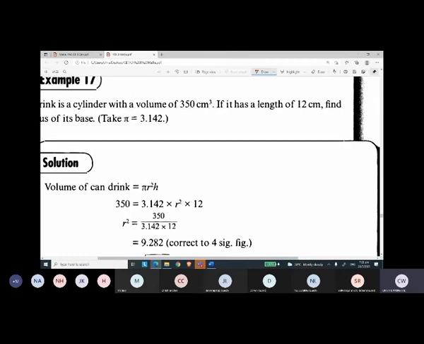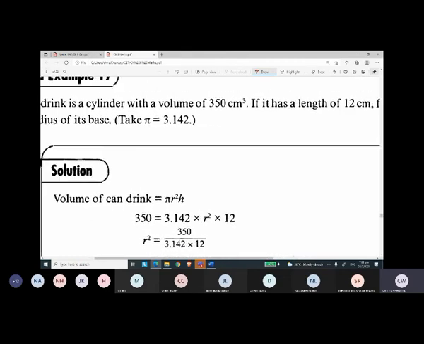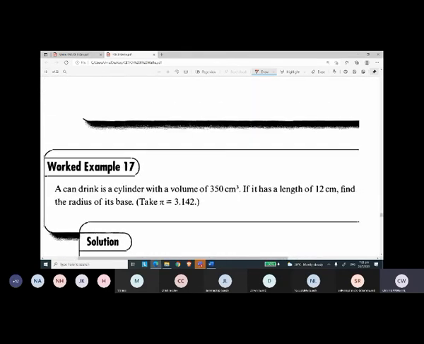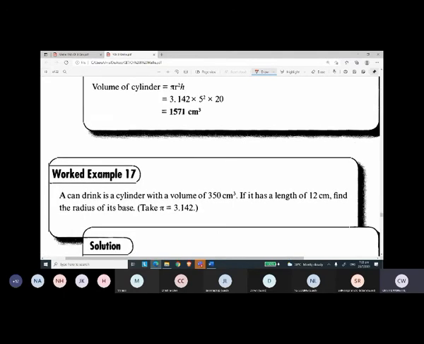Okay. I find something. This one is interesting. A canned drink is a cylinder. If you buy a Coca-Cola can, Pepsi can, the can is a cylinder, isn't it? A canned drink has a volume of 350 cm cube.